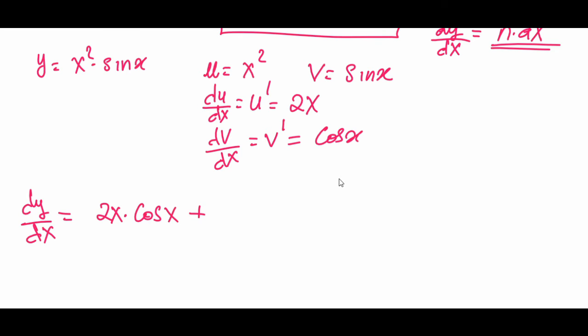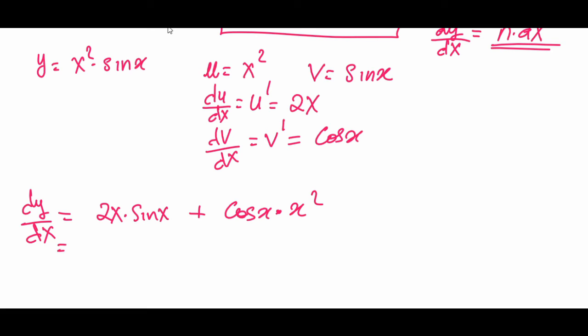plus v prime cos x times u. Let me write it: u prime 2x times v, which is sine x, plus v prime cos x times u, which is x squared.